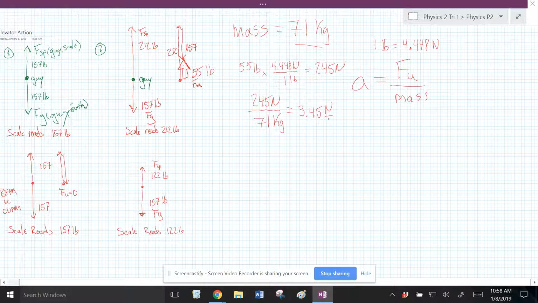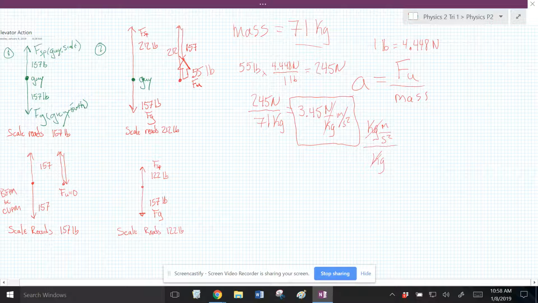That's newtons over kilograms. Mr. Arnold, that's not a unit for acceleration. Keep in mind, we talked about this in the lab the other day. The newton is equivalent to a kilogram meter per second squared. So if I divide that by kilograms, I'm left with meters per second squared.